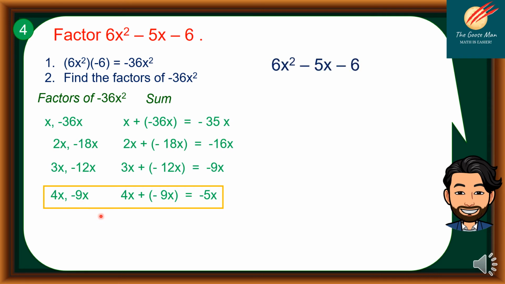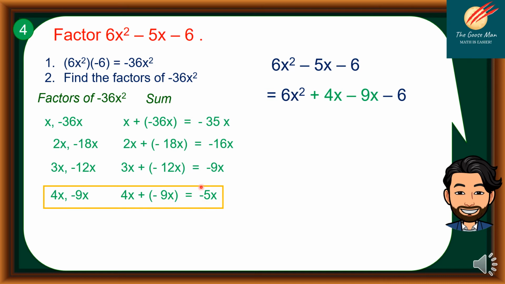So the next step that we're going to do is express 6x squared minus 5x minus 6 by renaming negative 5x as 4x minus 9x, derived from the factors of negative 36x squared such that the sum is equal to negative 5x.